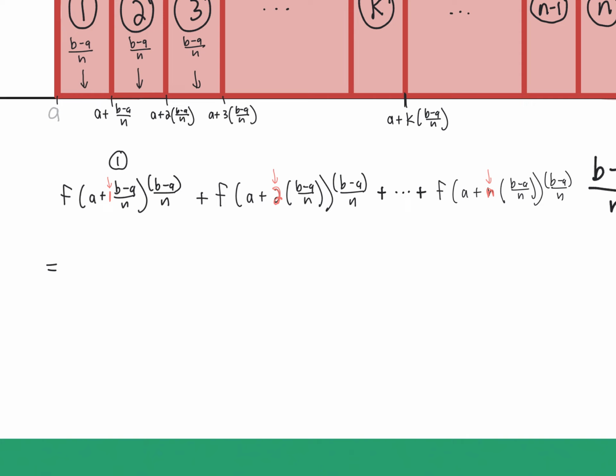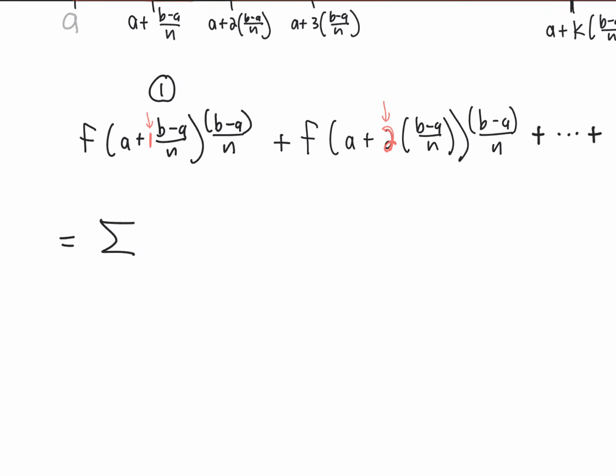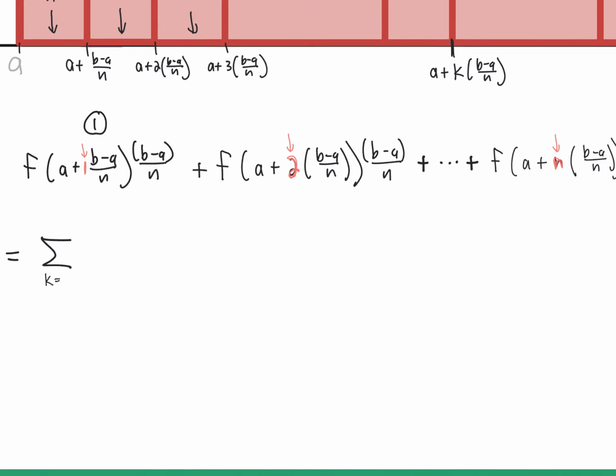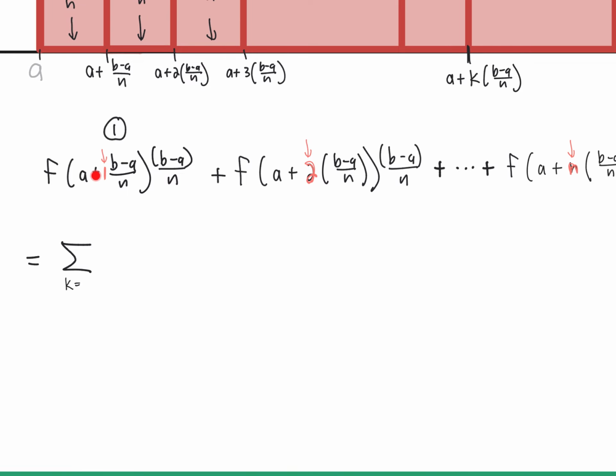Okay, so when you do a summation, the thing that's changing is called the index. Sometimes it's i, sometimes it's k, sometimes it's n. I'm going to use k, I think it's most common. The only thing that's changing in every case is this value, and this value goes from 1 to n. And that's what our summation will go from, 1 to n.